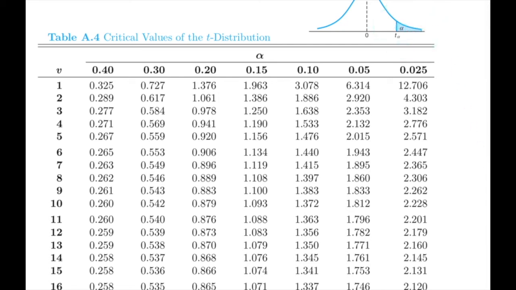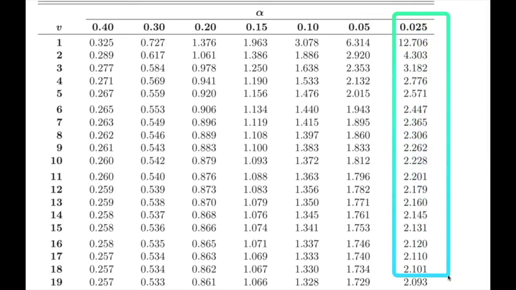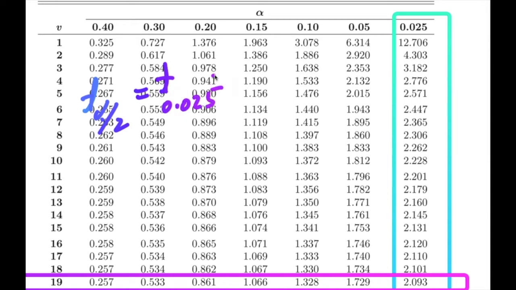So now, in this case, for alpha 0.025 and nu as 19, the value of t is 2.093, so t alpha by 2 at t 0.025 is 2.093.